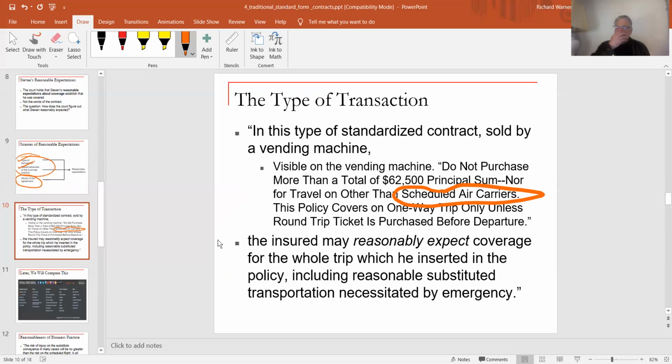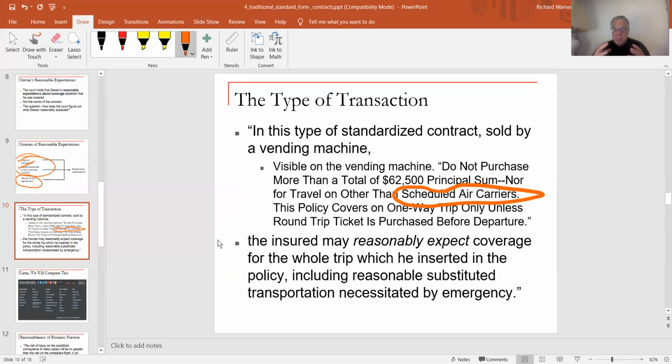We have what's printed on the front of the vending machine, and then the court notes some additional facts, right? Because the instructions on the machine are to put the policy in the mail before you get on your flight and send it off to the beneficiary under the contract, right? The person is going to get the money if you die.